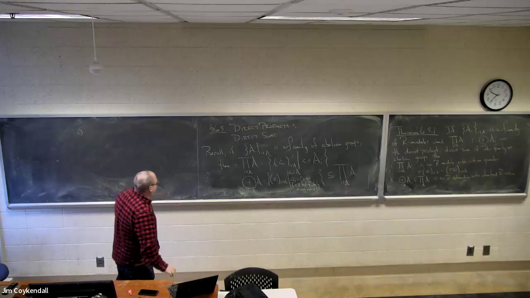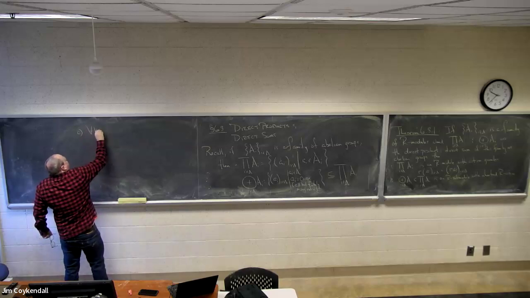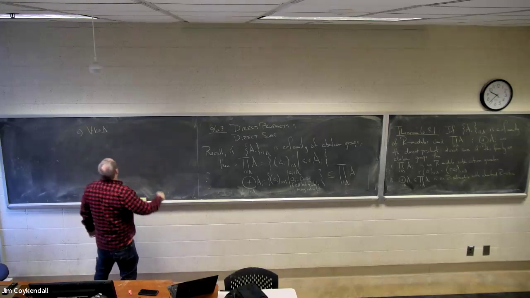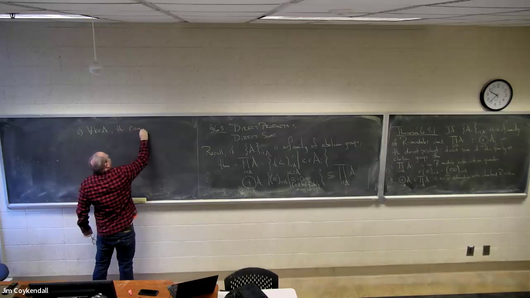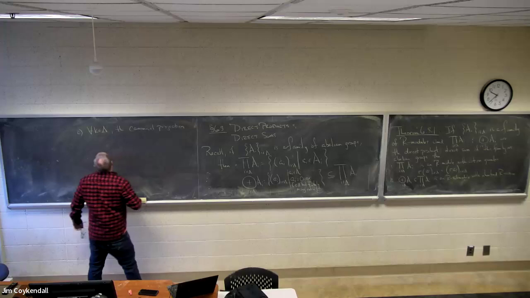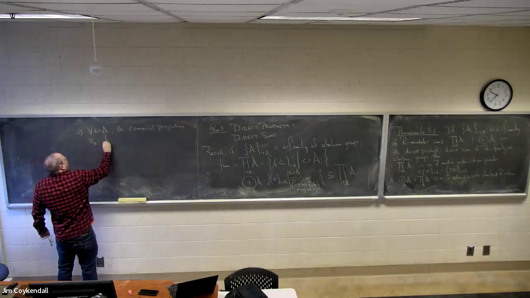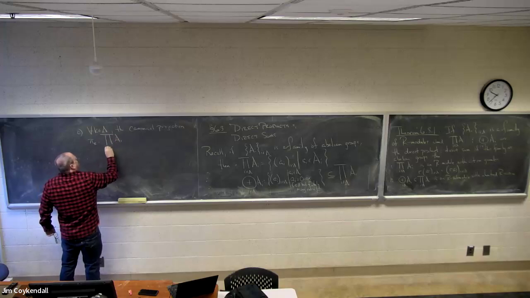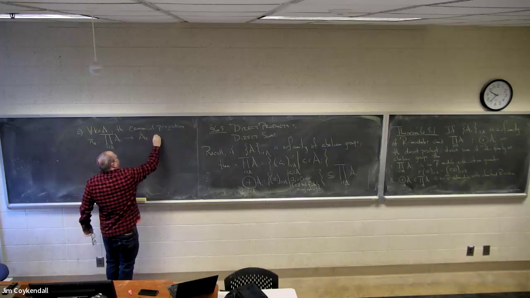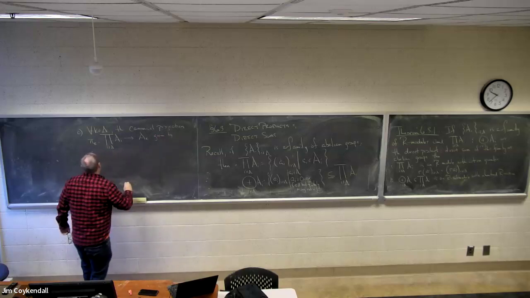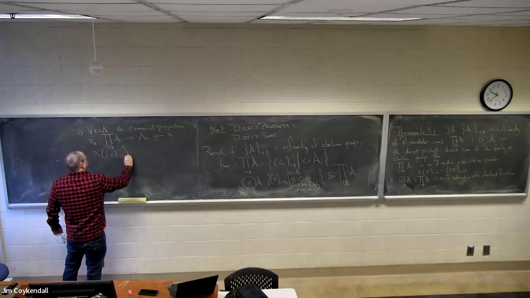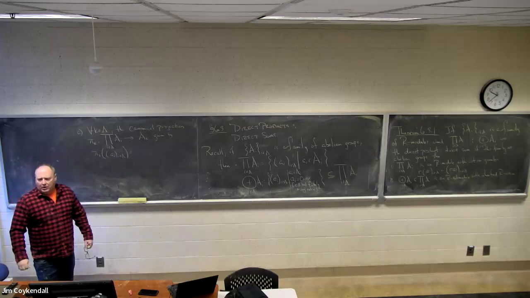For all K in the index set, the canonical projection, which I'm going to call pi K, from the direct product to AK, given by... how do you suppose this projection should work?